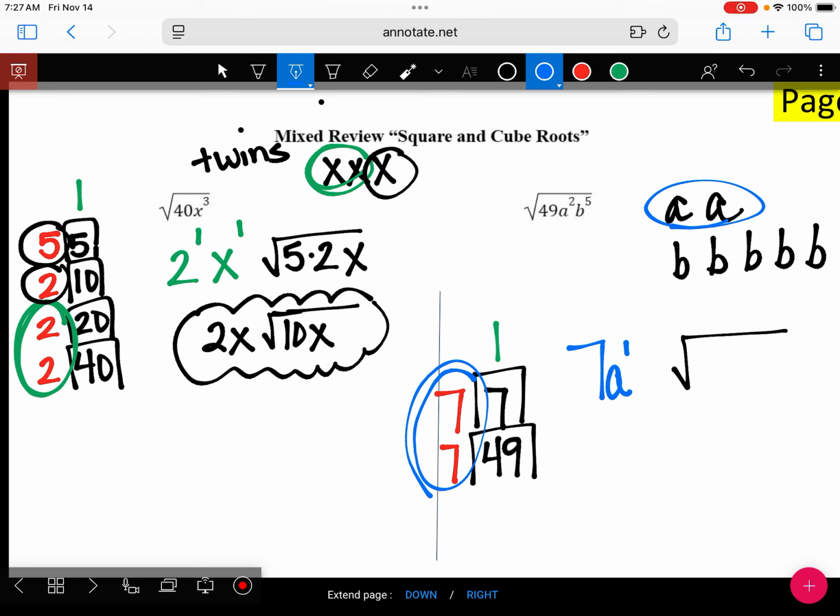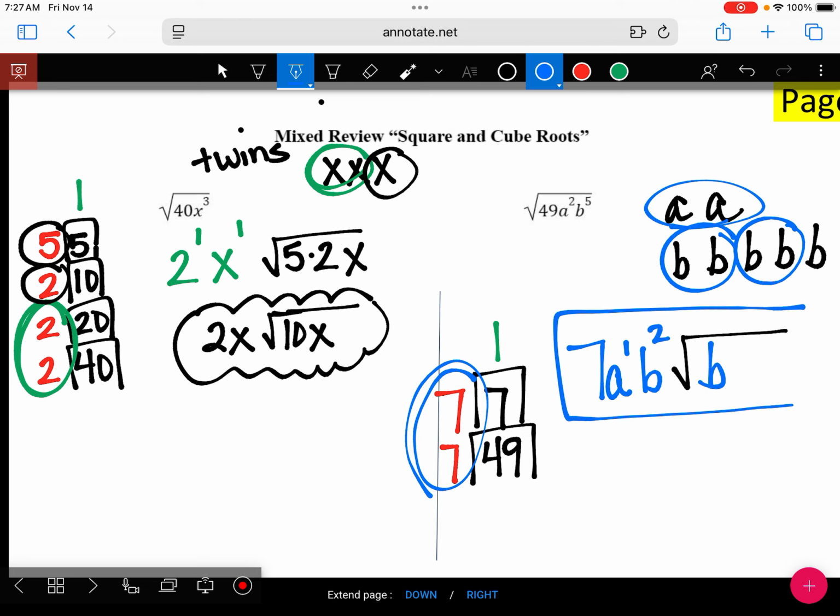Because they're twins. So 1, 2. And what's left over? What's the only thing that has to go underneath that did not have a twin? A B. And that would be your answer.